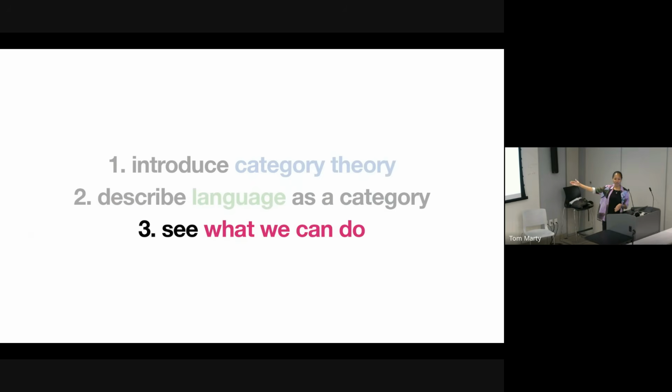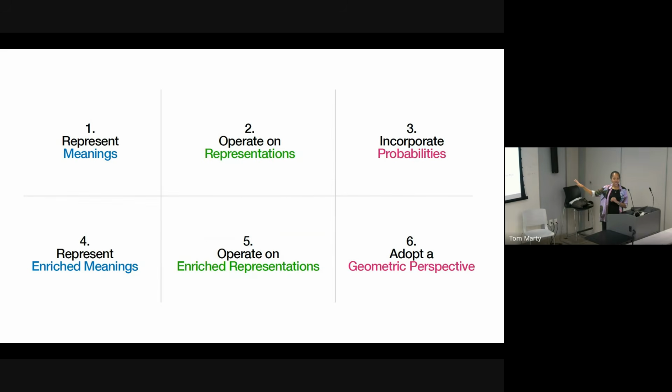So we finished the first 2 points, and now I'm going to move on to the third one. Here are lots of things you can do with this so far. It seems like you haven't done much. I'm going to show you there's a way that you can take this bare bones category, even before you get to probabilities, and represent something like the meaning of a string, and I'm going to explain what that means. I'm going to then describe a way to operate on these meaning representations.